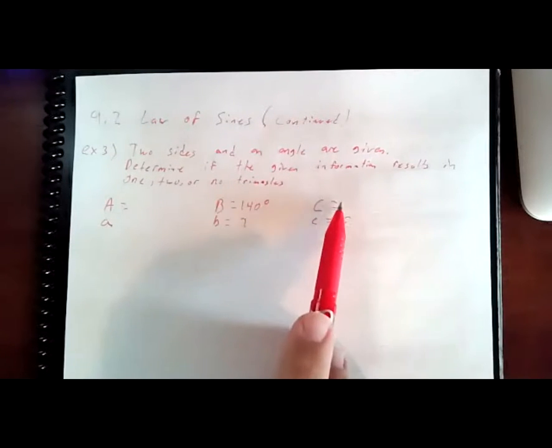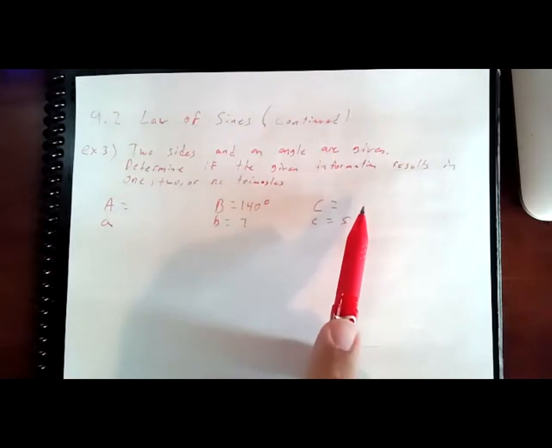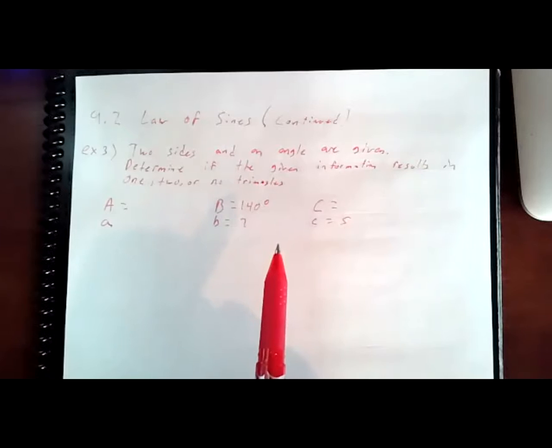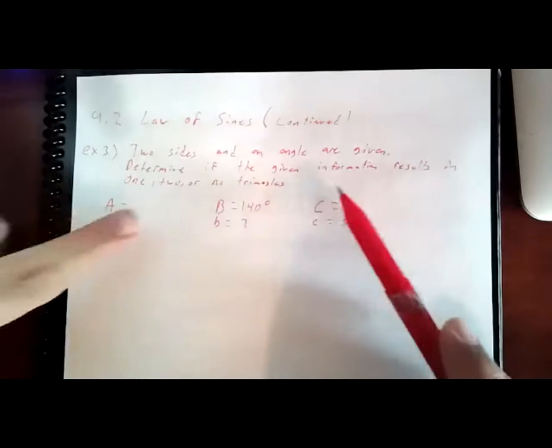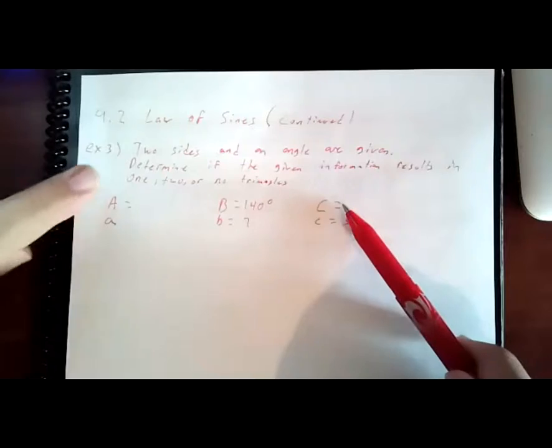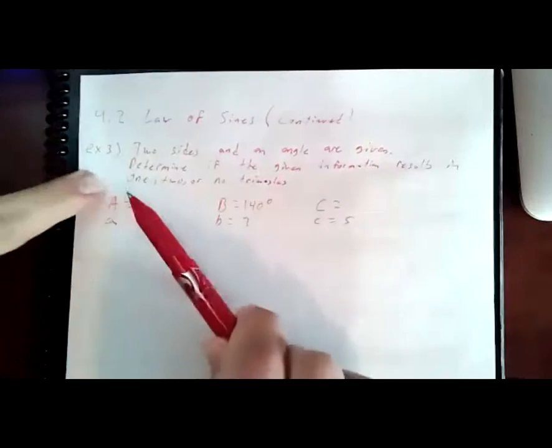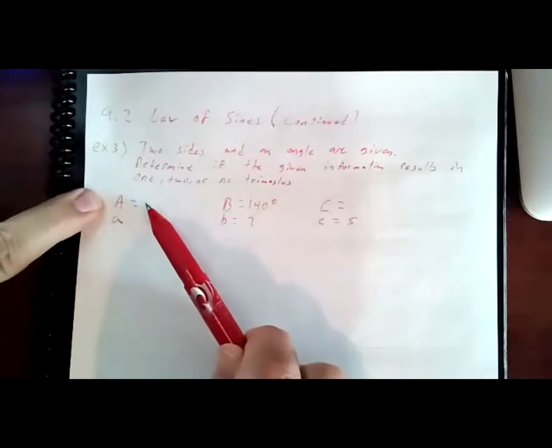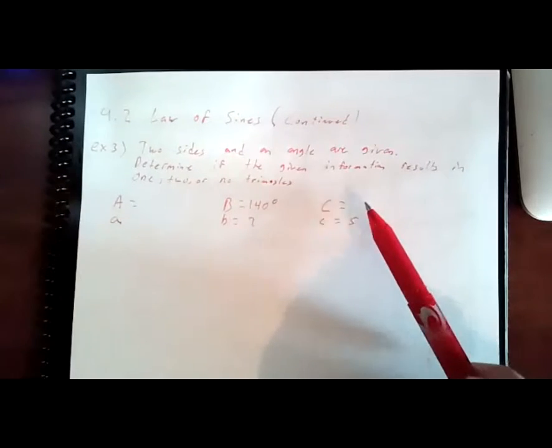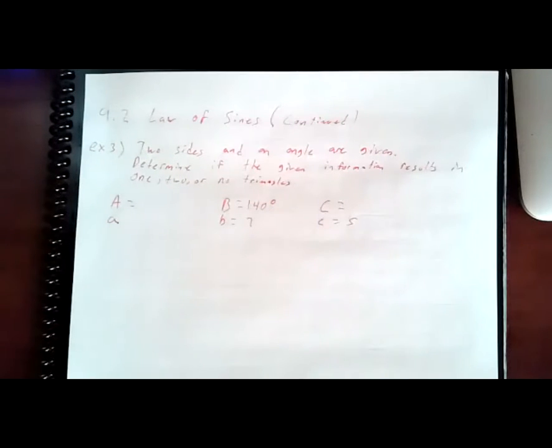If it's too big, then you realize that other C that I found is not a solution. So there will only be one C, meaning one triangle. When you're solving using the inverse sine, which we'll do in a minute, you're going to have two different C's or two different A's, depending which one you solve first, which will then determine the other one, because they have to add up to 180. If they do not add up to 180, then they are not solutions.